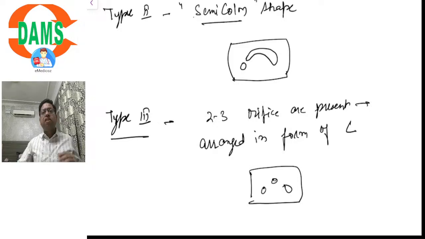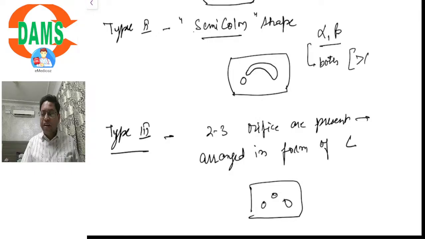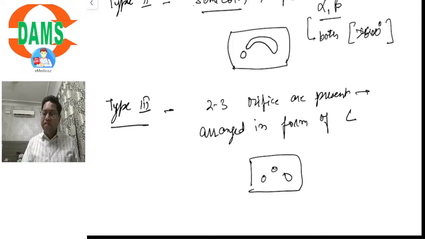Without going into the necessary details, just remember that whenever we geometrically define these C-shaped root canals, then we talk about 2, alpha and beta. For type 2 C-shaped root canals, either angle is greater than 60 degrees.